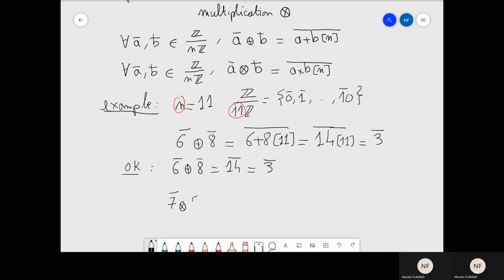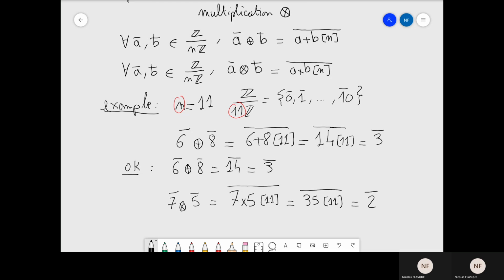7 bar times 5 bar is 7 times 5 modulo 11, which is 35 modulo 11. And if you divide 35 by 11, the remainder will be 2.